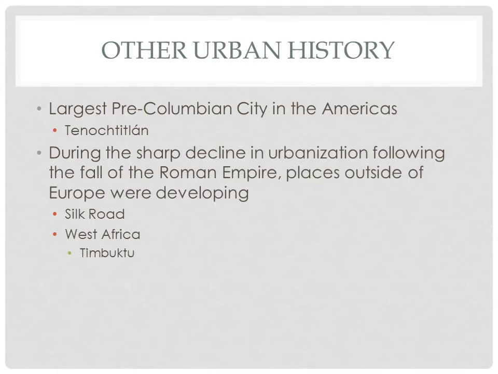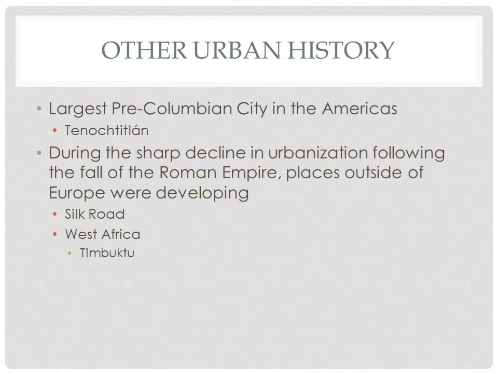And so when we take a look at some other areas with very large urban populations, the largest pre-Columbian city, remember the Columbian Exchange from agriculture? The Columbian Exchange was after Columbus comes to the New World. So in this case, we're talking about pre-Columbian, before Columbus comes to the New World.